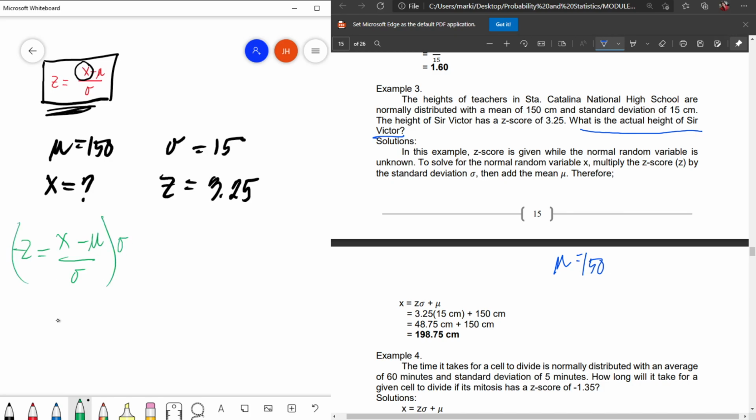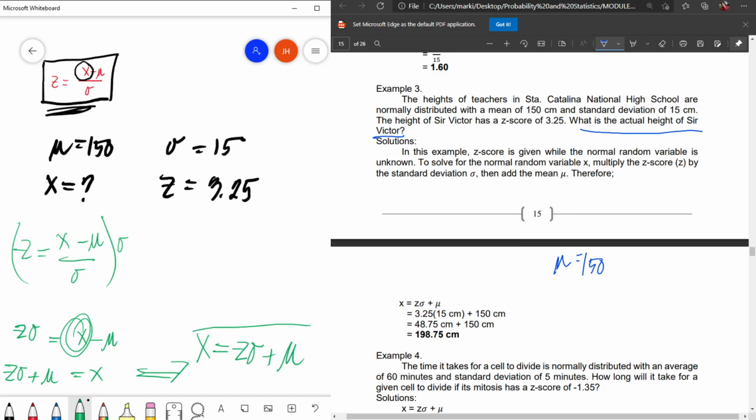So multiply both sides: z times the standard deviation is equal to x minus mu. Again, we need to find x, so we have z times the standard deviation plus mu is equal to x. Or we could say x is equal to z times the standard deviation plus mu.